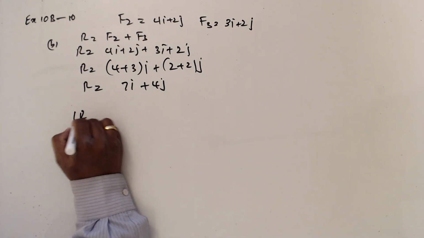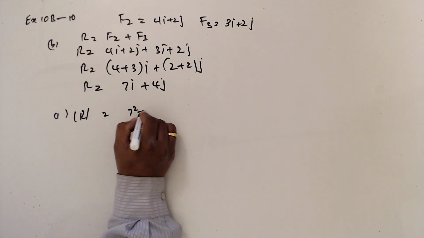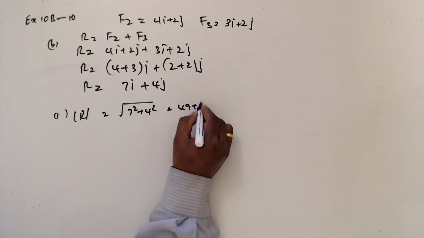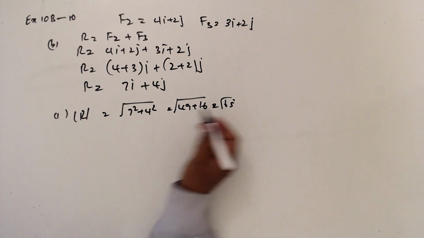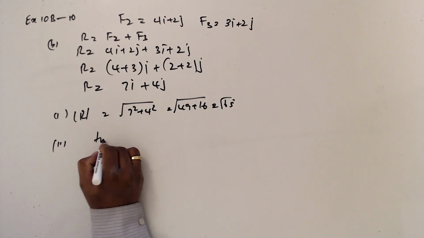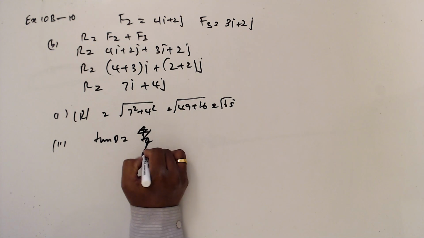So the magnitude of R is the square root of 7 squared plus 4 squared, that is the square root of 49 plus 16, that is the square root of 65. And the direction: tan theta equals 4 over 7.